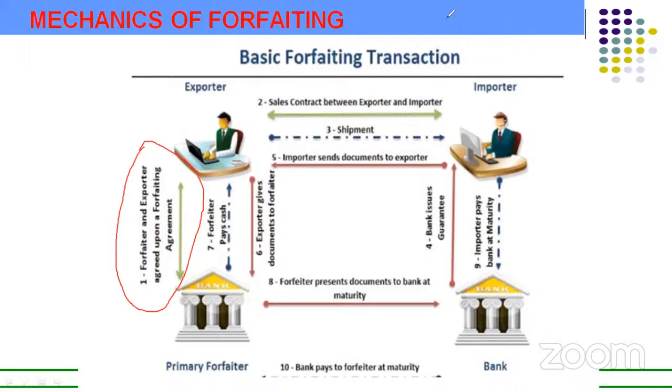Before exporting the goods, the exporter will make an agreement with the forfaiting bank. So, I'm going to export these goods, and after getting a letter of credit from the importer, I'll give that letter of credit to you, and you have to pay the amount. The exporter makes an agreement with the forfaiting institution.